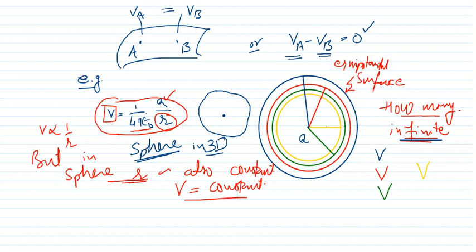V blue means potential at the blue sphere, and red means potential at the red sphere, green means for the green and yellow means for the yellow. Are these equal? Which one will be greater?